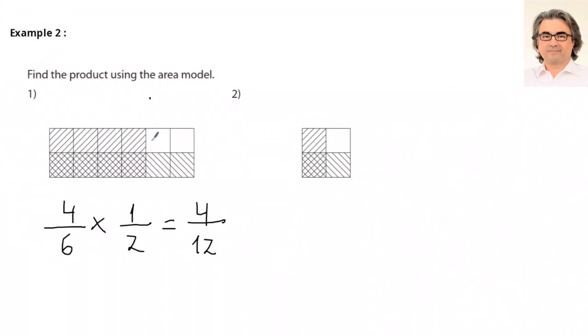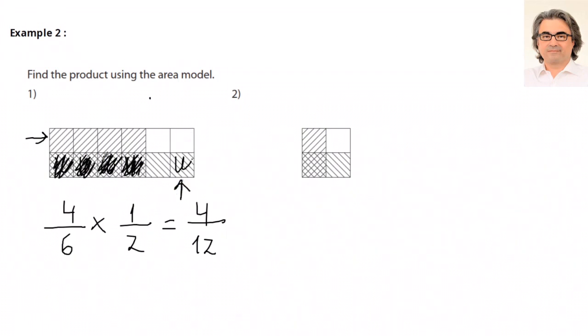Now, clean and consider this figure totally. As you see here, we have 4 common regions for these two types of fractions. They are colored for both types of fraction models. In the vertical and in the horizontal, these 4 squares are colored, and in the vertical rectangle again colored.